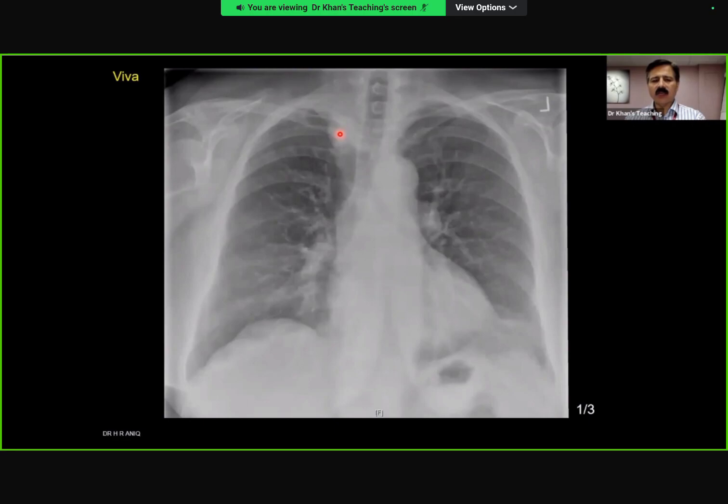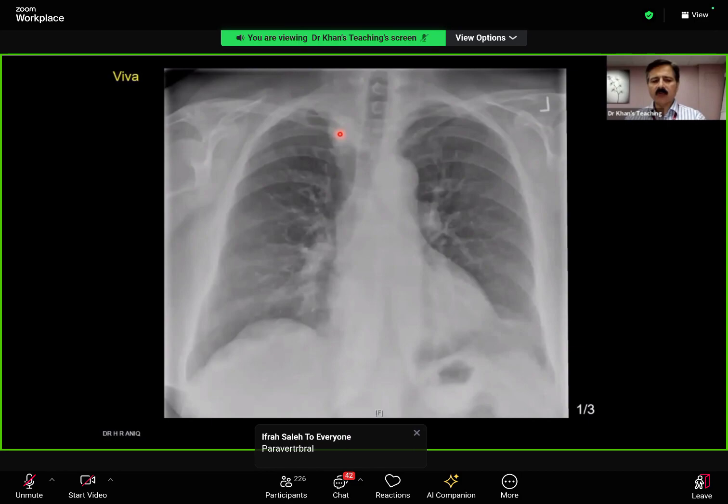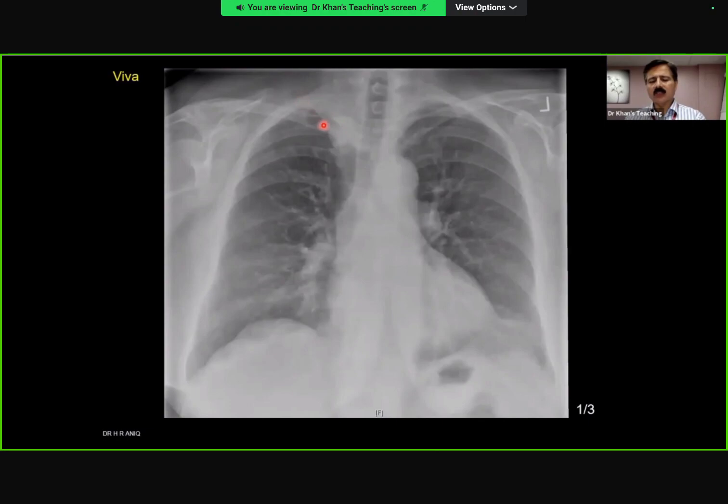It will be ill-defined. On the other hand, if a mass is posteriorly placed, there will be lung anterior to that, and it is an extension of what we call the silhouette sign. So because of which the margin of the mass will be crisp and sharp. This is known as cervicothoracic sign, and this indirectly means that there is a posterior mediastinal mass.